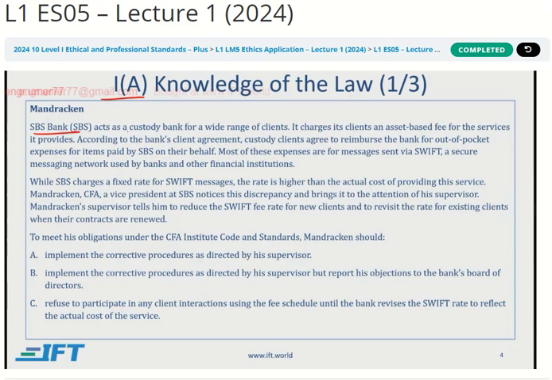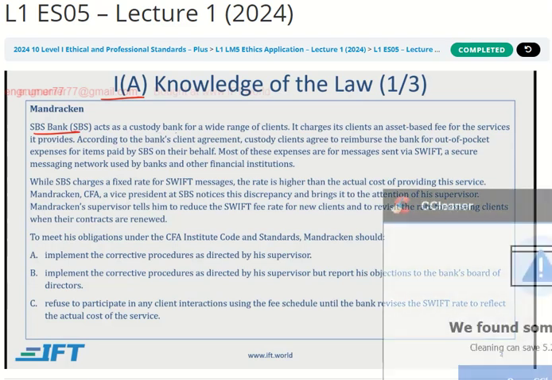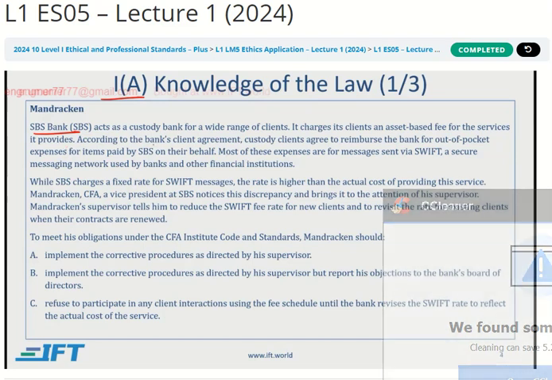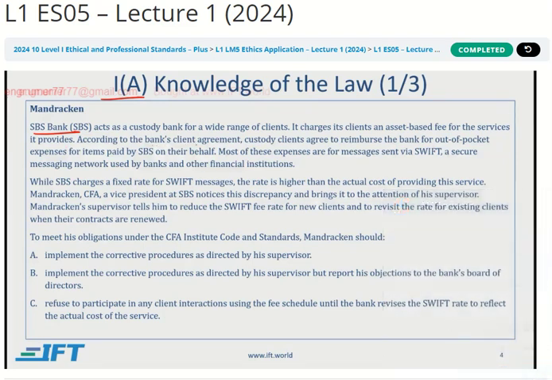SBS Bank acts as a custody bank for a wide range of clients. It charges its clients an asset-based fee for the services it provides. According to the bank's client agreement, custody clients agree to reimburse the bank for out-of-pocket expenses for items paid by SBS, this is the bank, on their behalf.